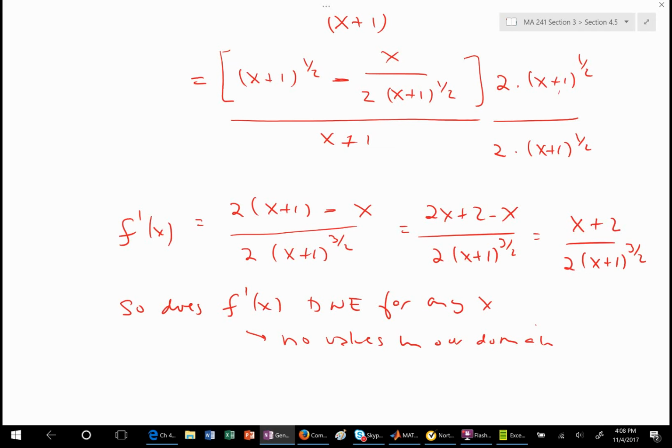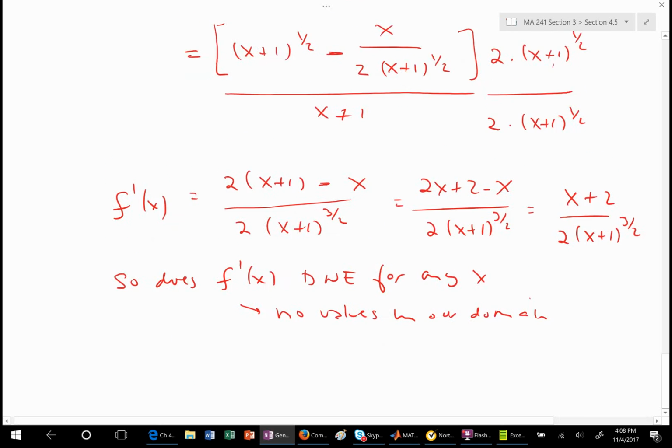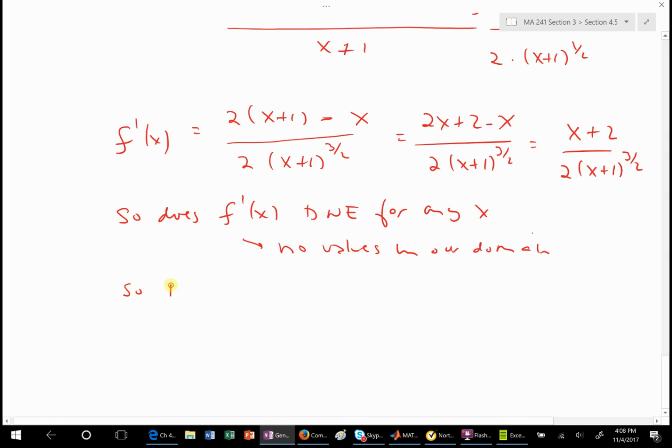Okay. What about equal to 0? So is f prime of x equal to 0 for any x in our domain? And the answer is no. Because the only value that makes the derivative 0 is the value of x that makes the numerator 0, and that's x equal to minus 2.